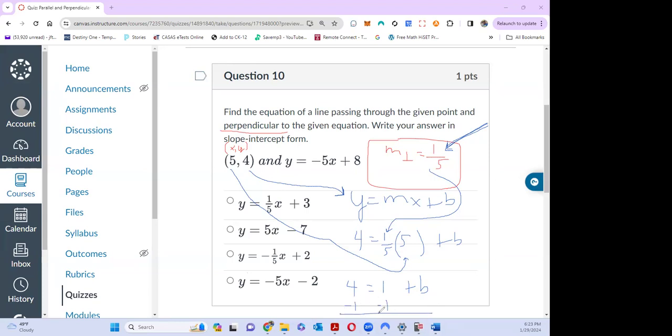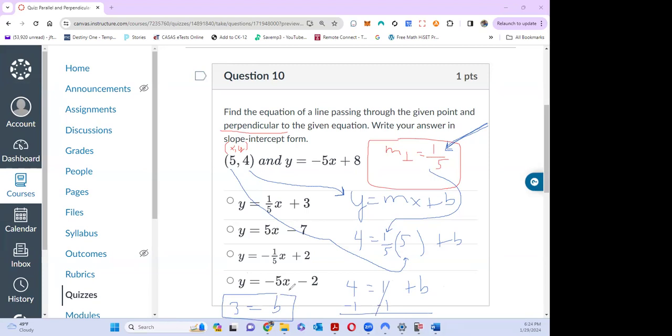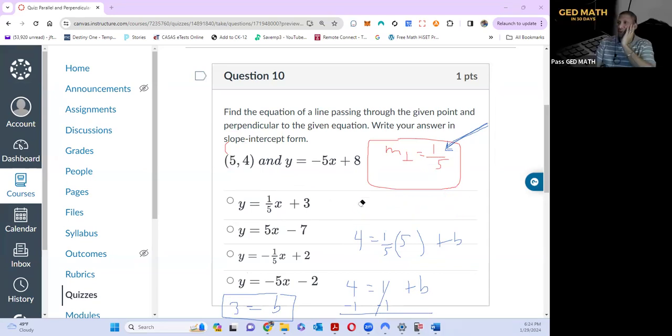4 minus 1 is 3. Bring down the equal, the ones cancel, bring down the b. So my y-intercept is 3. The slope of the perpendicular is 1/5. So what equation should I select? The first one, A. Remember, the slope is 1/5, y-intercept is 3.